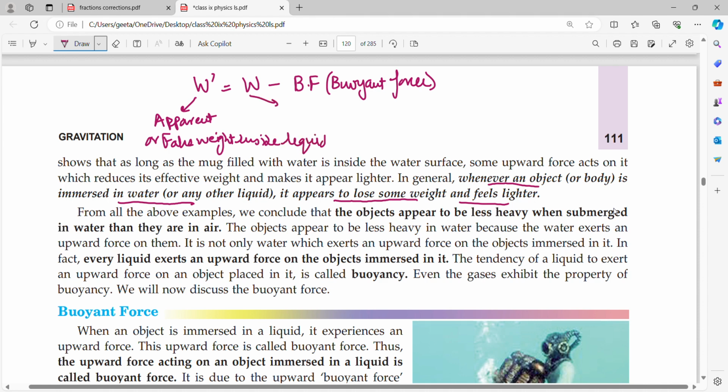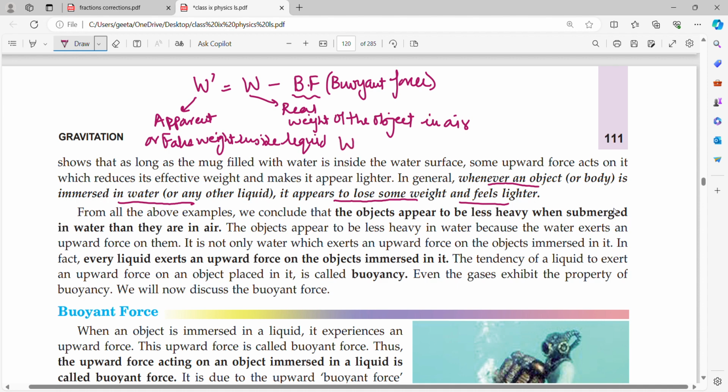And what is that W? It is the real weight of the object, of the body in air. But when the body goes inside the liquid, then this force will act. Hence the weight will reduce.